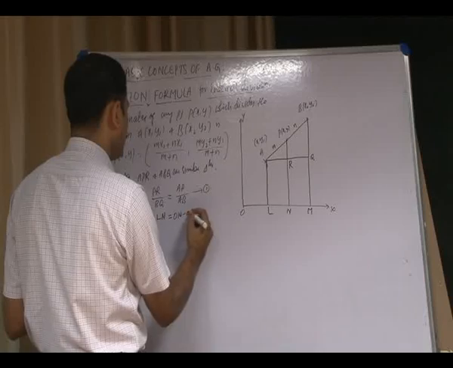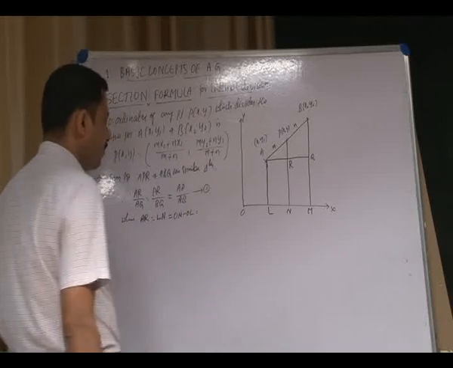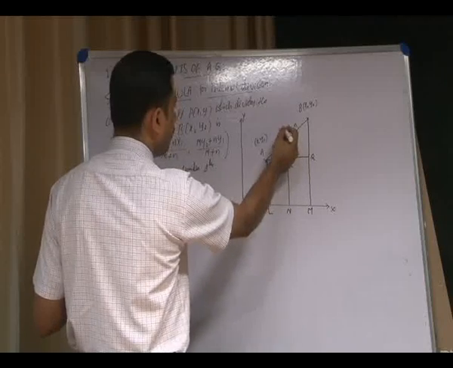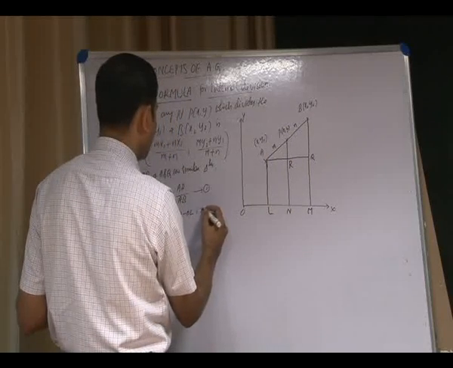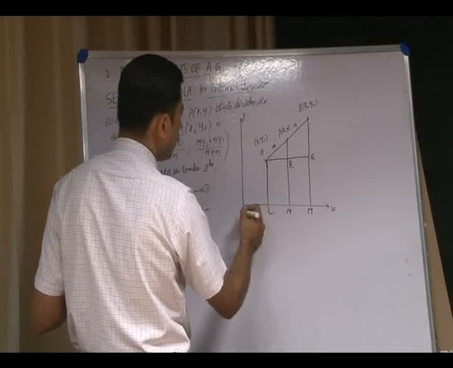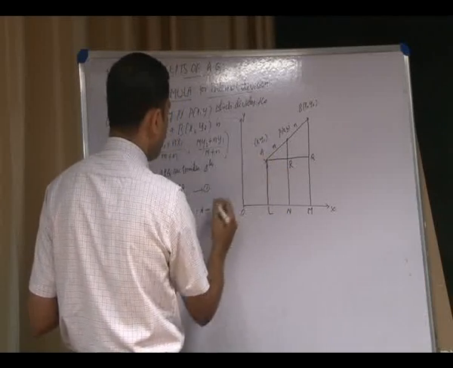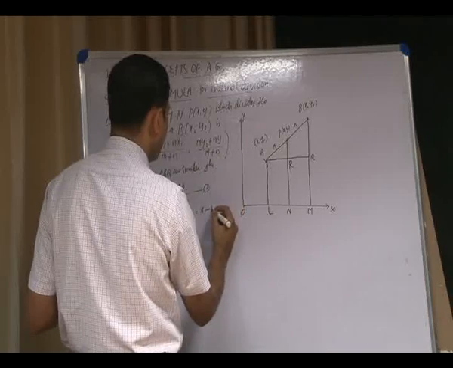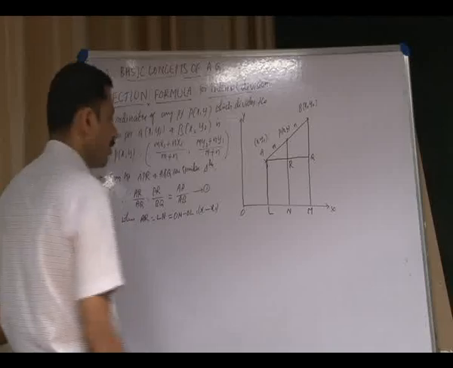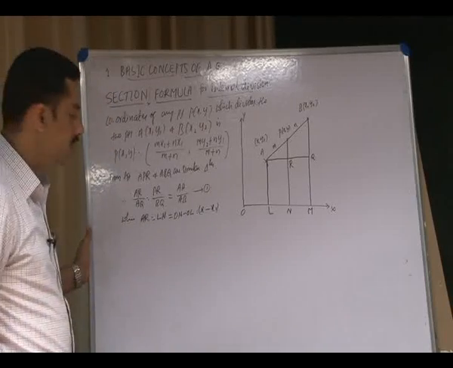In this figure, ON represents the x coordinate of point P, which is taken as x, and OL is the x coordinate of point A, taken as x1. So AR can be written as x minus x1 in terms of coordinates.